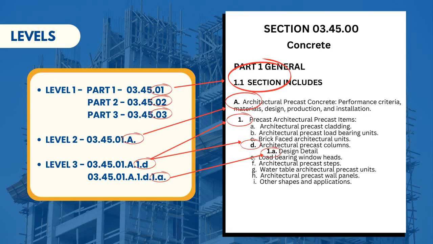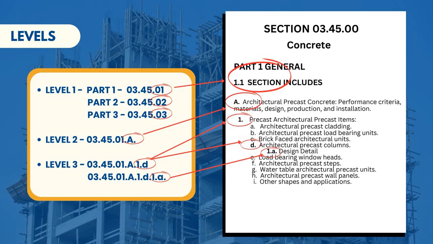In each of these parts, we have a level system. It's a layering system that we use in order to be able to, again, quickly identify where we're at in a very complex construction industry. So for instance, if we wanted to write a letter of correspondence and we had to discuss some conflicting information that we were finding on the drawings and the specifications, and it was in regards to an architectural column detail, then we may break down the layers of a specification section. So we go to Division 03 Concrete.